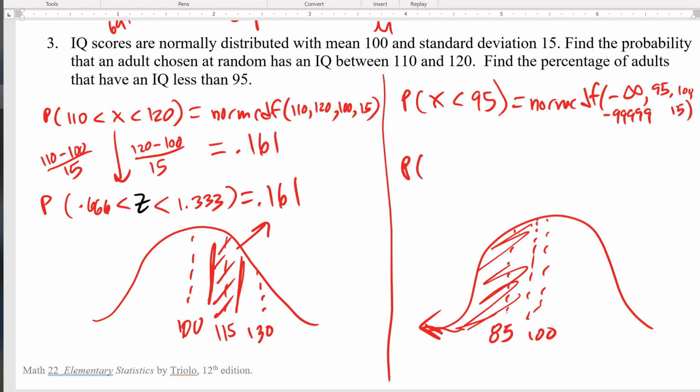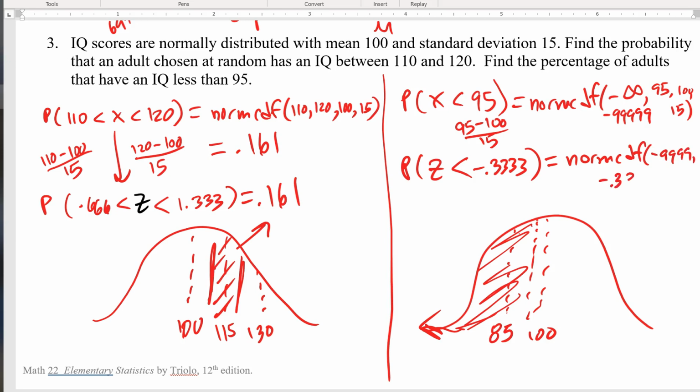Or 95 minus 100 over 15. That's negative 1/3. So that would be norm CDF, still negative bunch of nines, but up to negative 0.333 with a 0 and a 1.